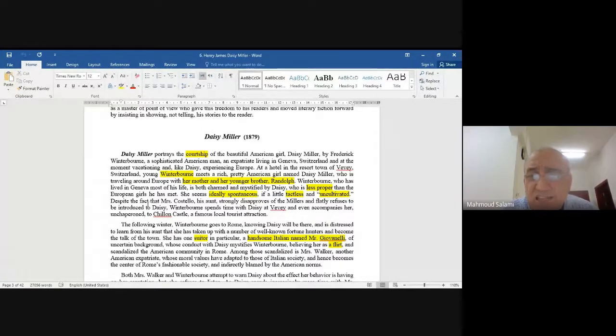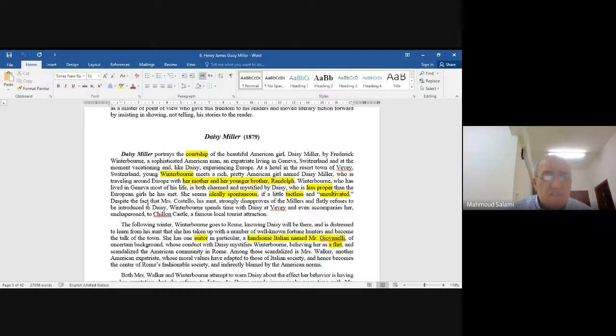So, who is less proper than the European girls he has met? She seems ideally spontaneous. What's wrong with that? When you are spontaneous, you are natural. You behave naturally. I think this is the best, to behave naturally, not to be false. Maybe she's a little tactless and uncultivated, but she's not false. She's natural. And I think this is good.